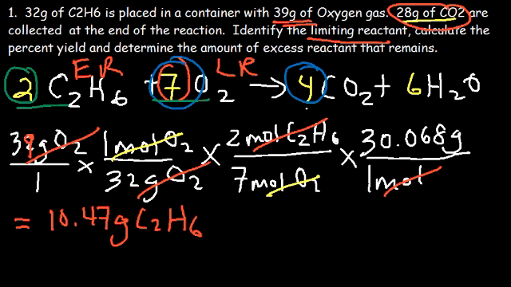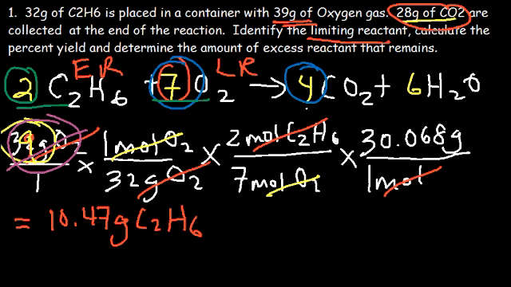So what this means is that 39 grams of O2 reacts with 10.47 grams of ethane, C2H6. Now we know that because the oxygen is the limiting reactant, the entire 39 grams of oxygen is going to react.